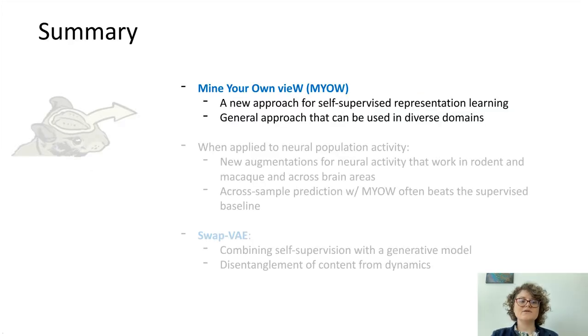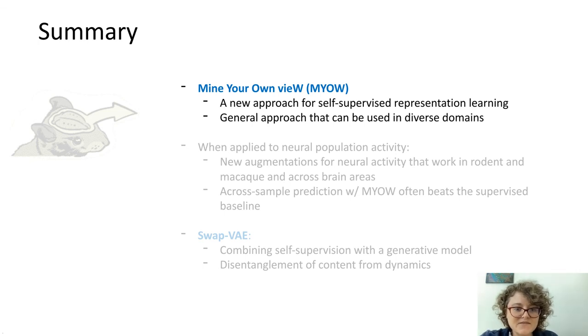All right, so I'll go ahead and conclude. In summary, I described this new approach for SSL called Mind Your Own View. I didn't describe the results in natural images, but we're finding that we can compete with state-of-the-art methods in CIFAR and Tiny ImageNet and some of these other computer vision data sets.